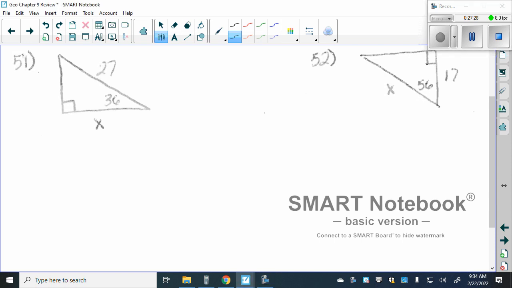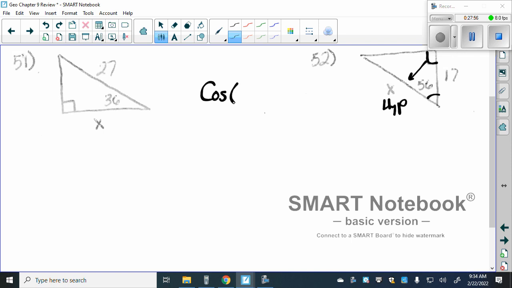Here's the right angle, yes? So we're still using sine or cosine because the hypotenuse is always opposite the right angle. So we are given the hypotenuse. Now the other side length that's given is 17. Is that adjacent to or opposite the angle? It's adjacent. So here we're still using cosine.